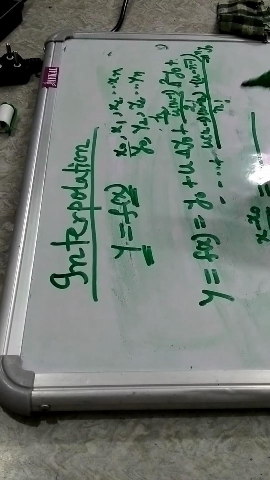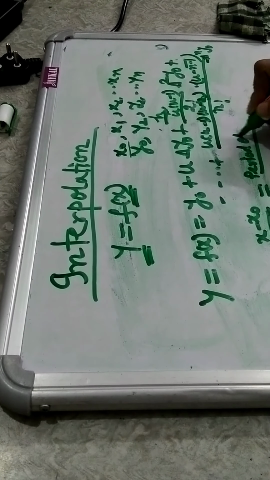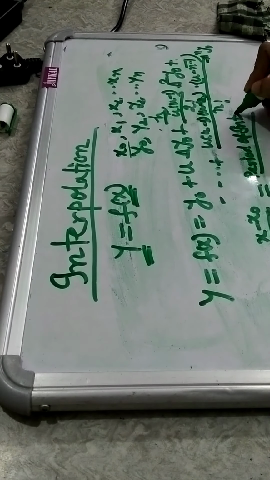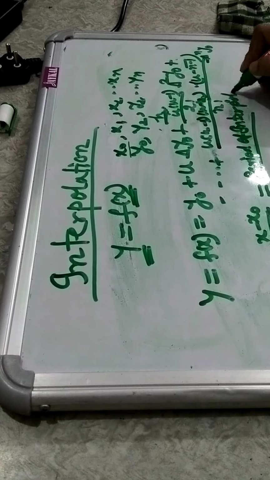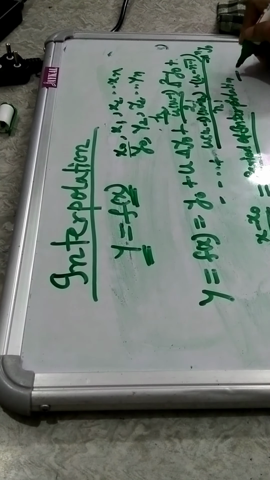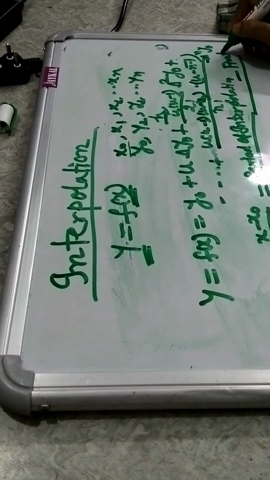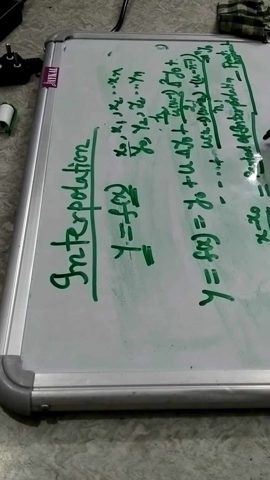x is the point of interpolation, minus x0, the first argument, divided by h, the interval of differencing.